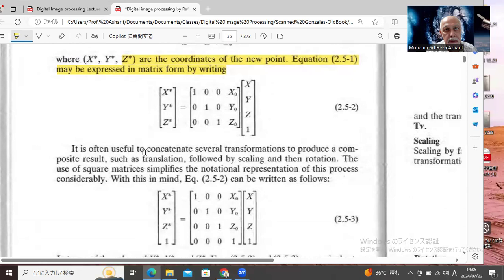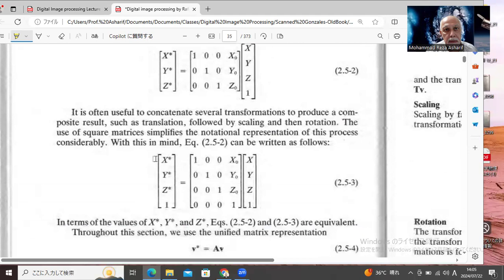It is often useful to concatenate several transformations. With that in mind, if you want to make it 4 by 4, it is better to add an extra 1 here. It was 3 by 4, and now it becomes 4 by 4. The 1 by 1 equals 1 doesn't matter.